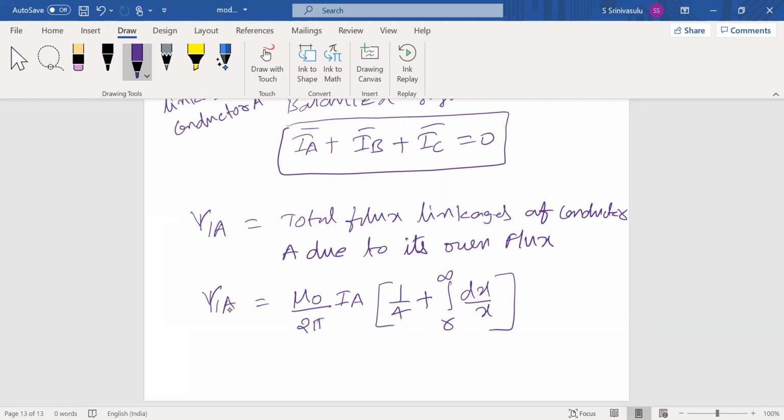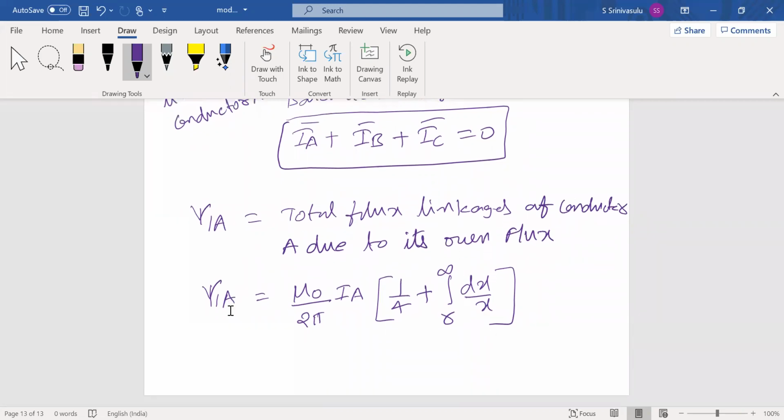Go through that recorded video and we will get this derivation. Okay. Psi 1A is the total flux linkages of conductor A due to its own flux. Directly writing the formula, psi 1A equals mu naught by 2 pi into IA, the current flowing in it, into 1 by 4 plus integration R to infinity dx by x.